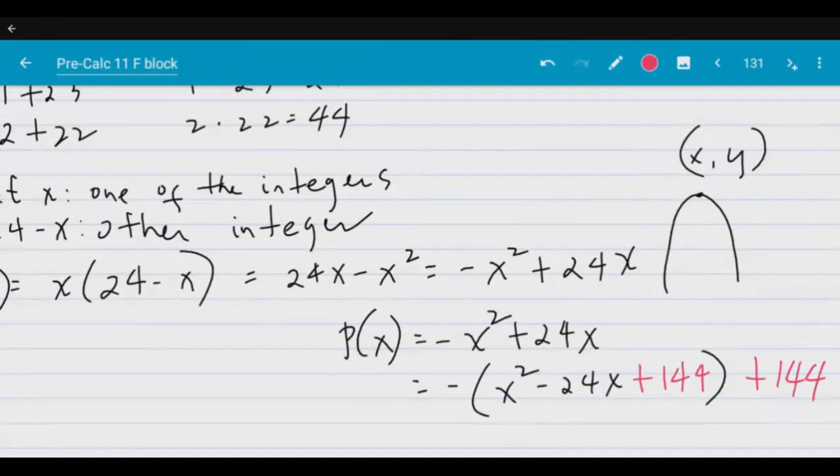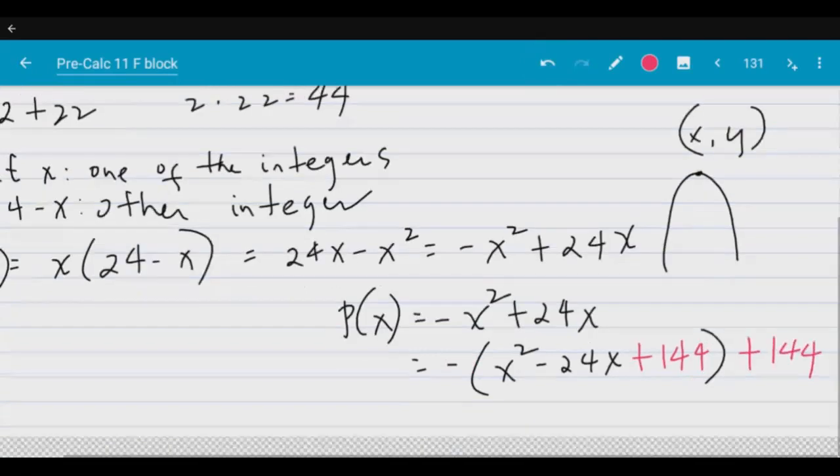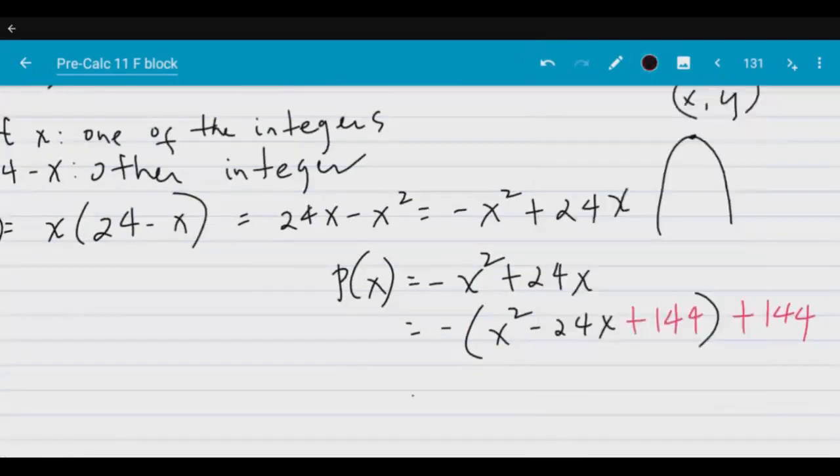Let's take a look. Now, guys, this 144 is inside the bracket, but there's a negative, so it's actually going to be minus 144. Therefore, we have to add 144. So this is equal to negative of (x minus 12) squared plus 144.